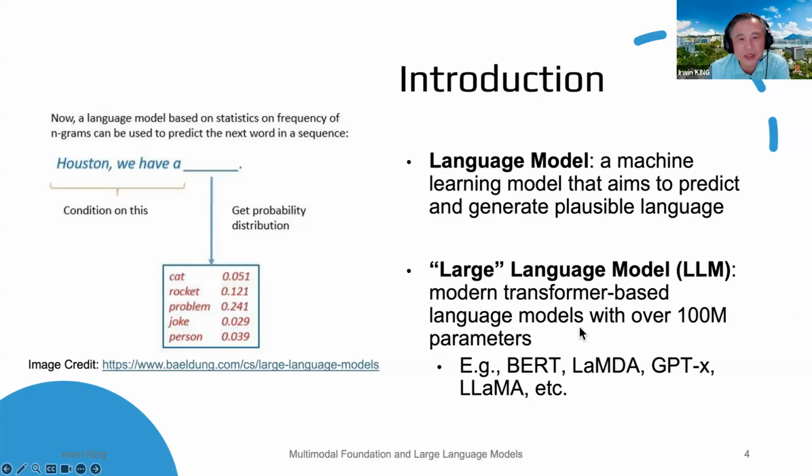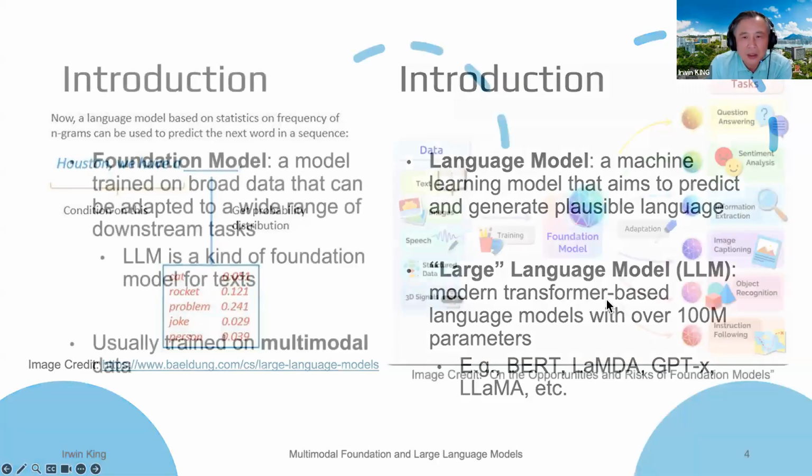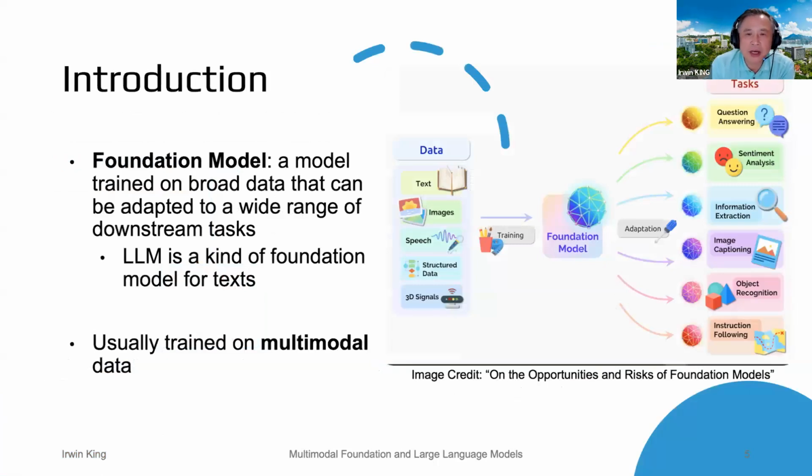A foundation model is an umbrella term that also describes a large language model. In fact, you could say that a large language model is a form of foundation model. A foundation model is basically a model trained on broad data.